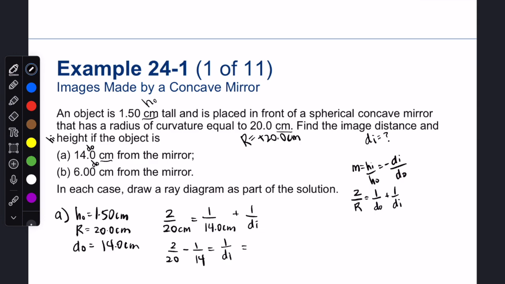So 1 over DI is 0.0285. I'm just writing a bunch of decimals. And that's units of cm to the -1. I need to solve for DI, so I'm going to have to take the inverse of that. Don't forget, it's a very common mistake to forget the inverse and give me this as your answer. That's not the correct answer. So 1 over that is the correct answer.